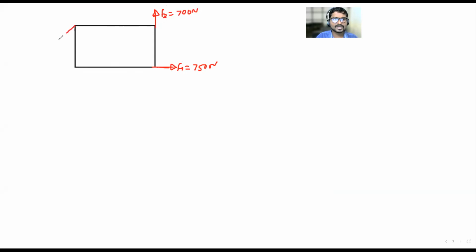Here I would like to consider an inclined force F3, 300 newtons, at an angle of 30 degrees to the vertical, and here in the center another force F4, say 450 newtons, with the slope of 4 horizontal as to 3 vertical.